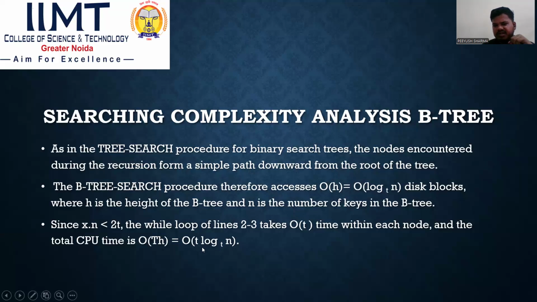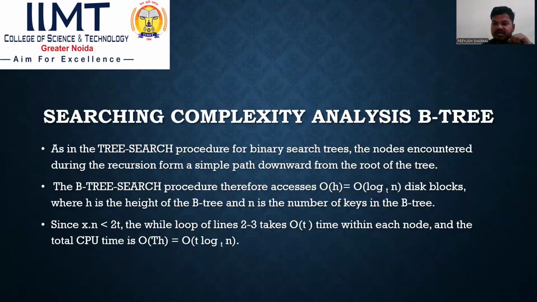What is the meaning of that? The meaning is, if we consider that t is the degree 5, right? So what will be the maximum keys on any particular node? 2t minus 1. That means 5 into 2 minus 1, that is 9. In a particular node, 9 keys are possible, right?